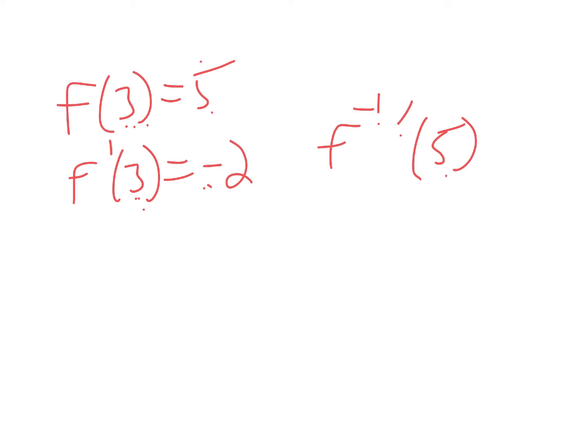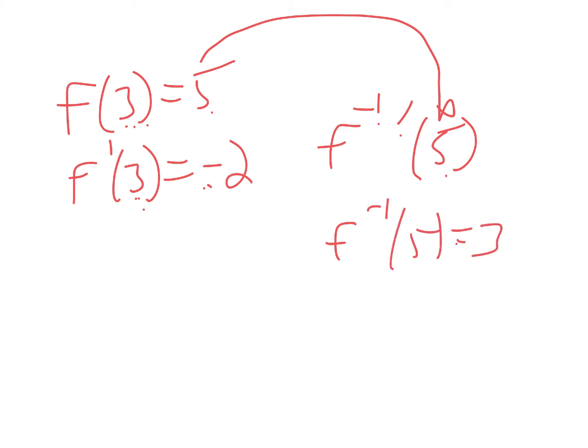Do you see how the old y became the new x? So I know that f inverse of 5 equals 3. See, x and y switch. But what I'm trying to find is the derivative of the inverse function at x equals 5.